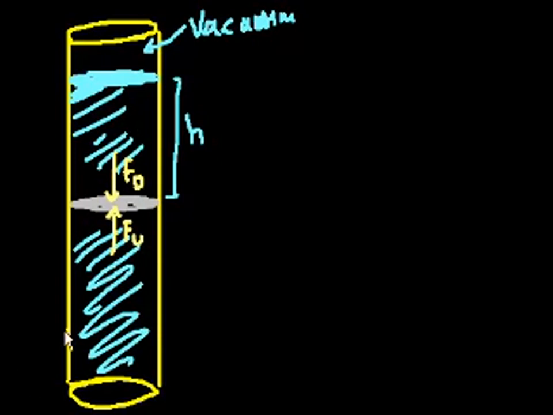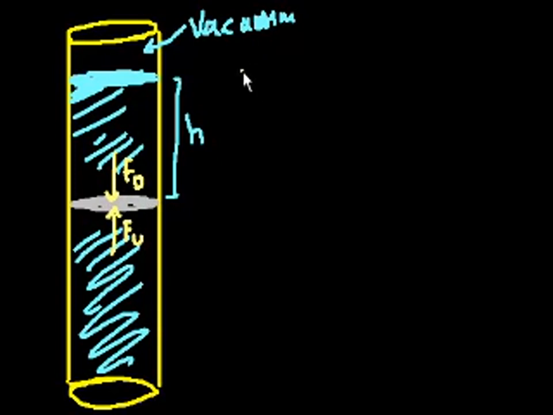So what is the force down? What is the force down acting on this foil? Well, it's going to be the weight of the liquid above it, right? Because we're in a gravitational environment, and this liquid has some mass, so whatever that mass is times the gravitational constant will equal the force down.